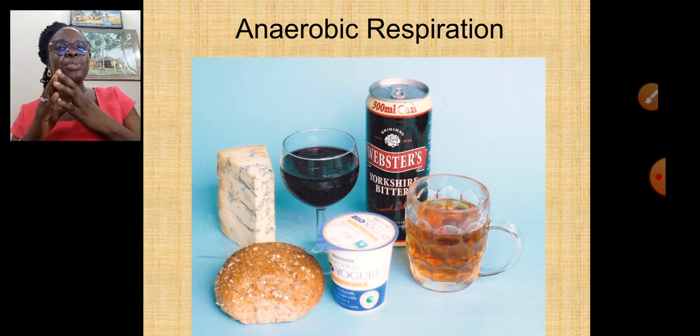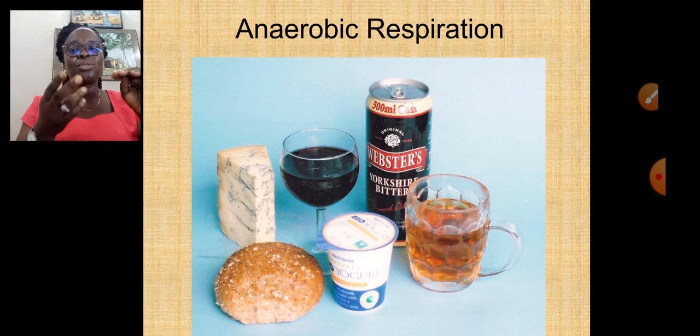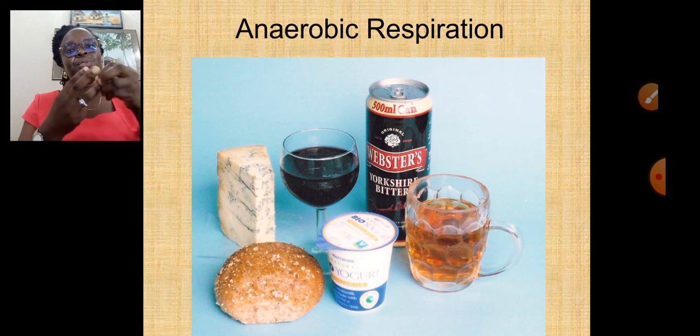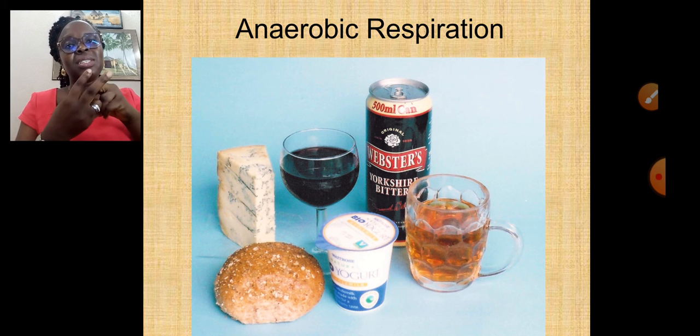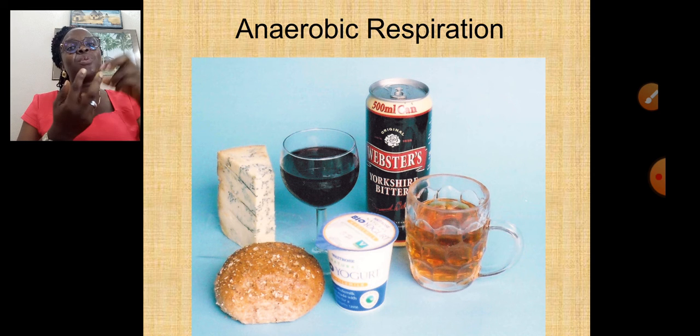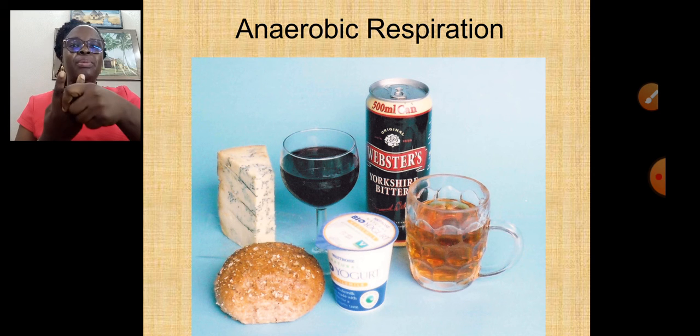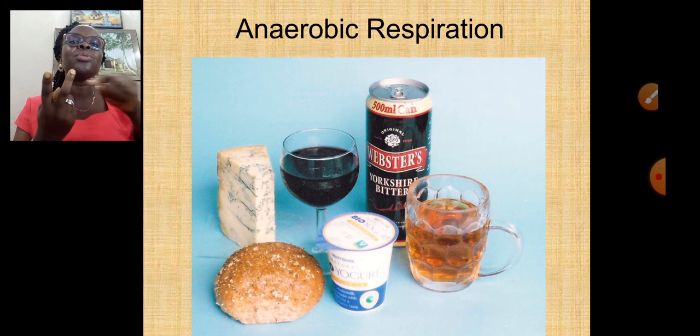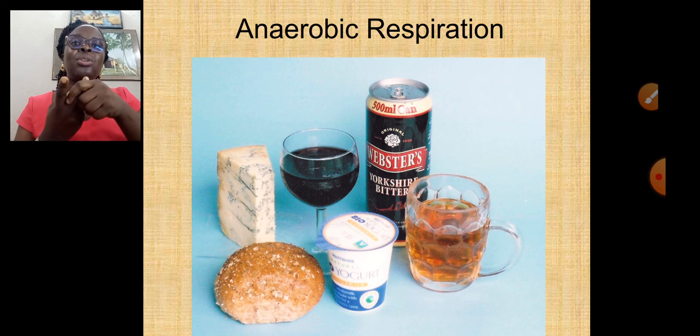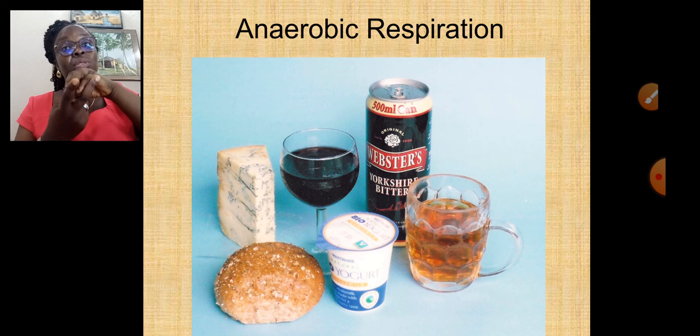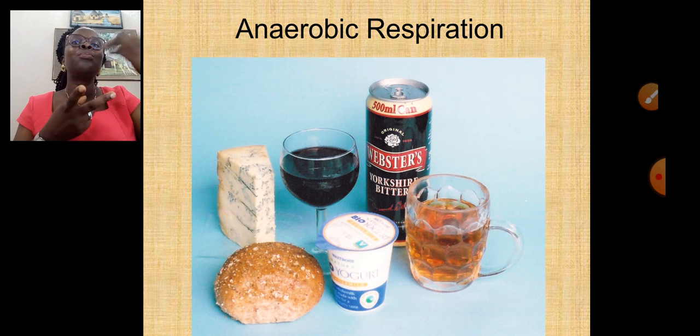Your aerobic respiration normally takes place through three stages. You have your glycolysis, the breaking down of glucose to give you pyruvic acid. Your pyruvic acid will now go into your Krebs cycle. Your Krebs cycle, through a series of enzymatic reactions, releases lots of energy that finally goes into your electron transport chain to release more energy.